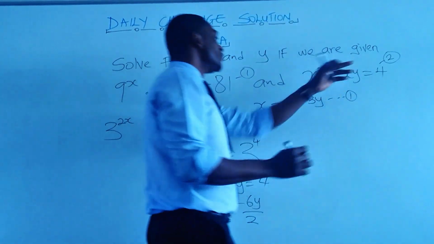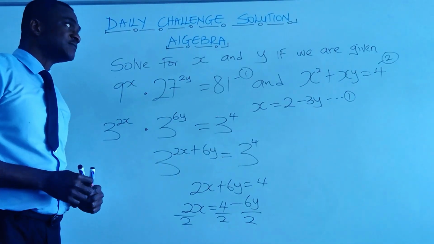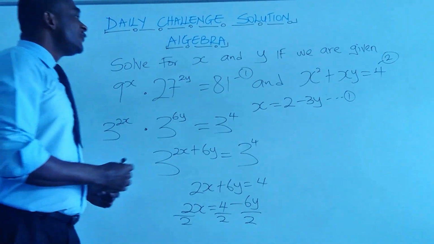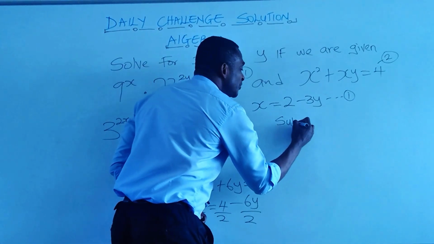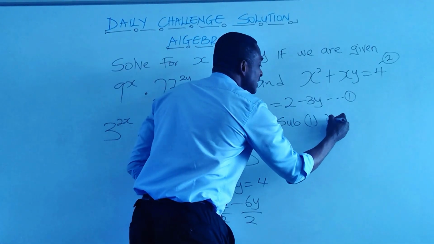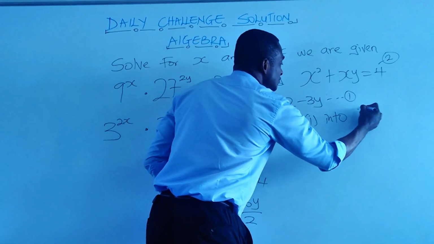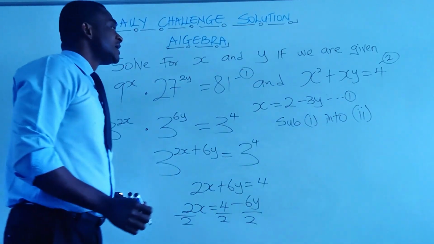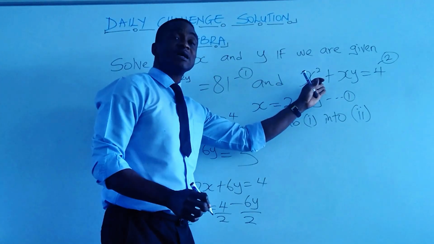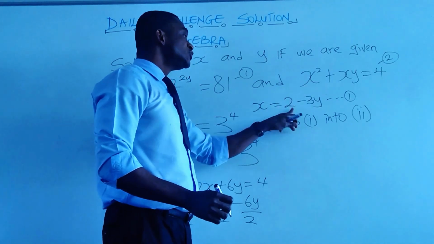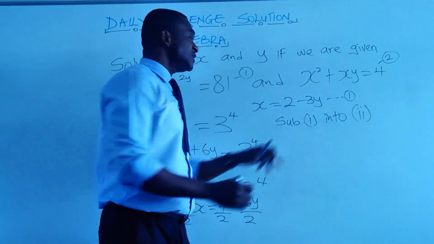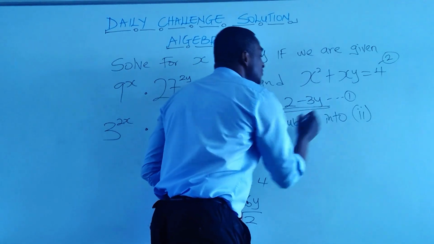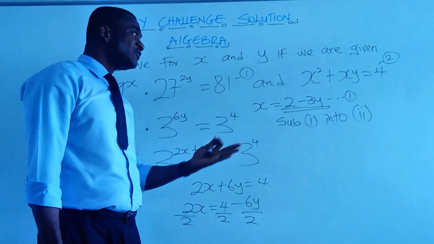Refining equation 1, we still have equation 2. Now going forward, we substitute equation 1 into equation 2. Whenever we see x in the second equation, we plug in 2 minus 3y. This is now the value of x going forward.